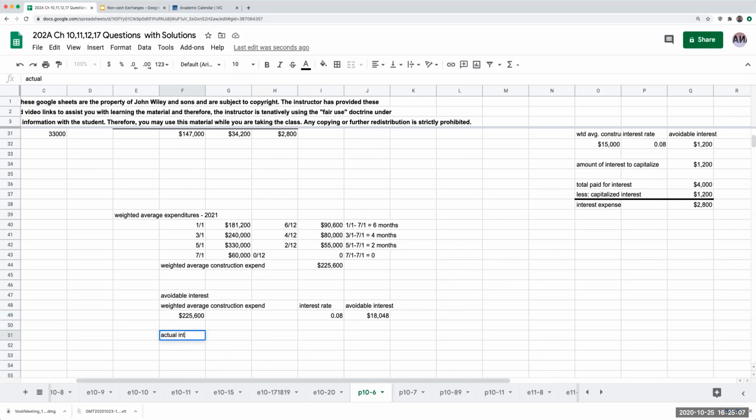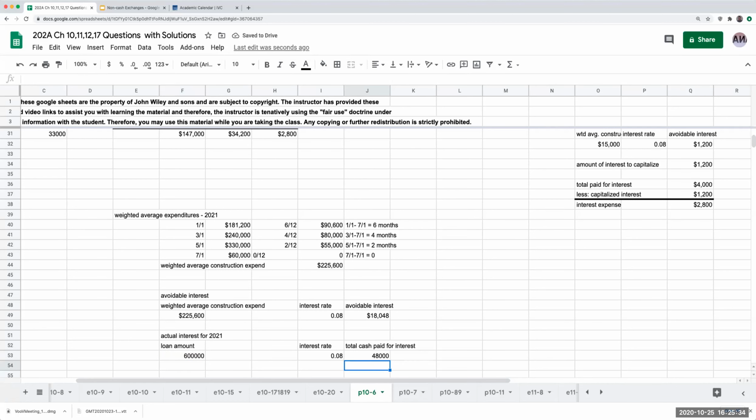My actual interest for 2021 is going to be the loan amount of 600,000 at the interest rate of 8%. So my total cash paid for interest is going to be $48,000.